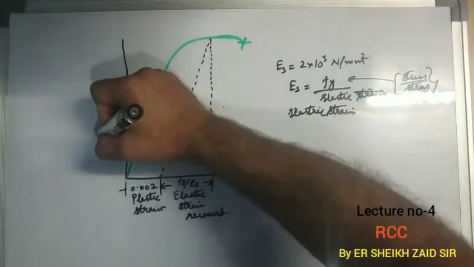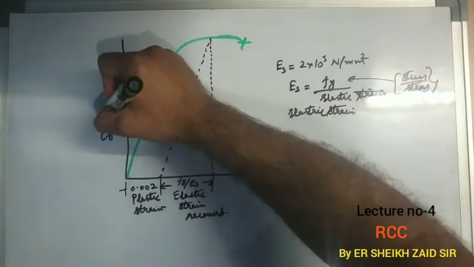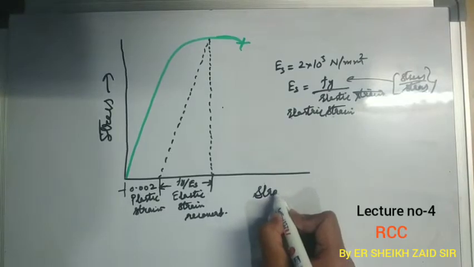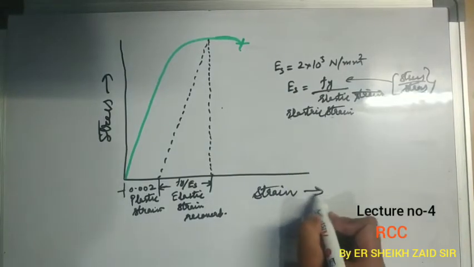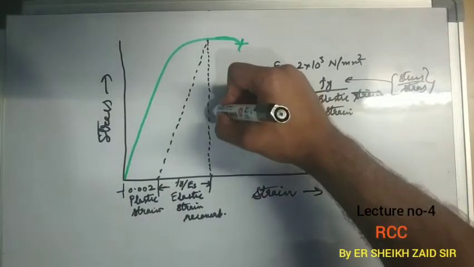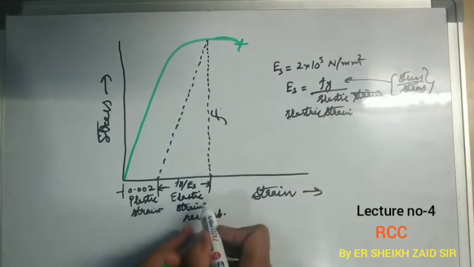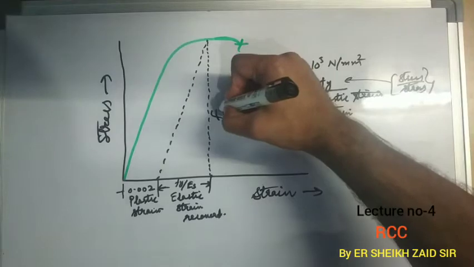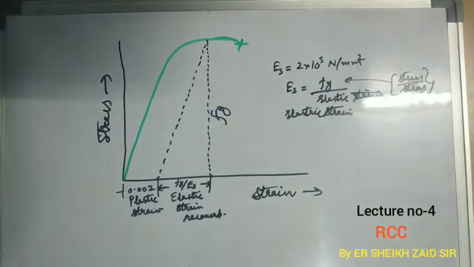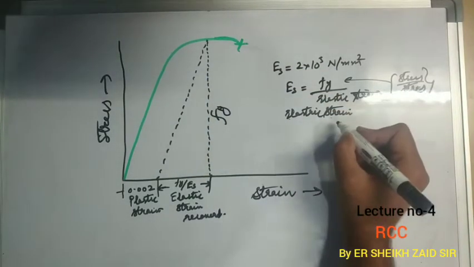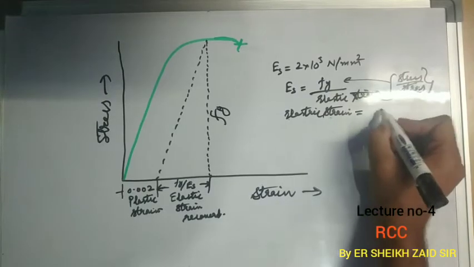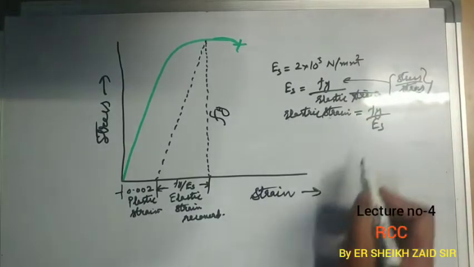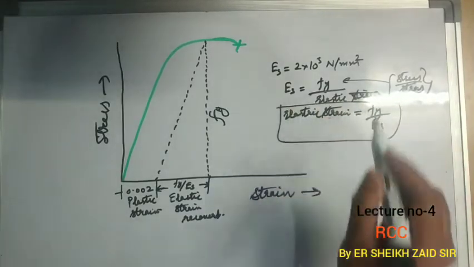See, this axis shows stress and this axis shows strain. The stress at this elastic strain is Fy. So elastic strain we get as Fy upon Es. So this is our elastic strain.